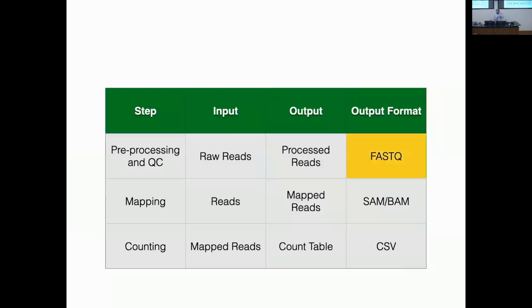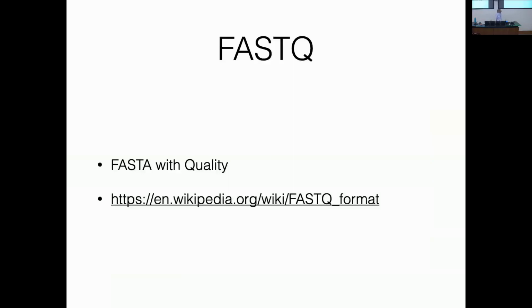Like I said, I will show you each of these formats. For starters, we'll look at a FASTQ file and understand what information it has and how it's structured. FASTQ, first of all, the name comes from the FASTA file, a file format you might be familiar with.